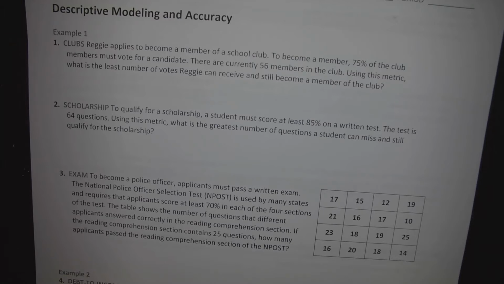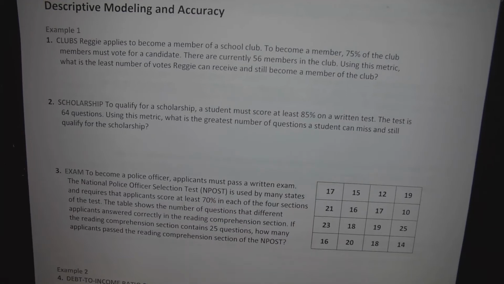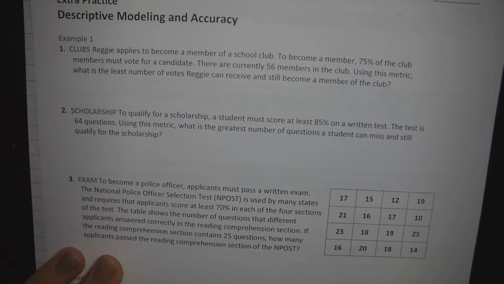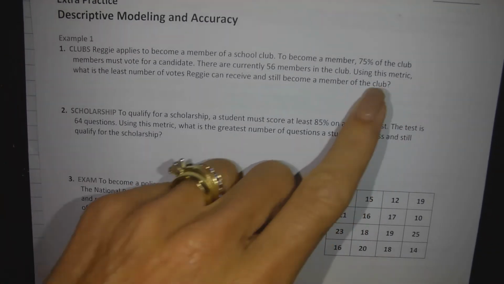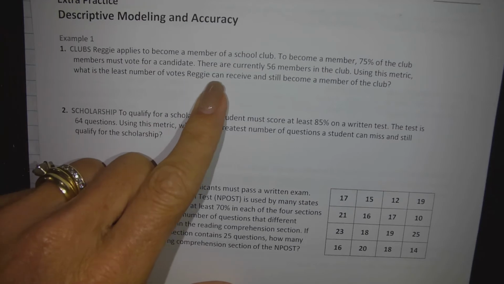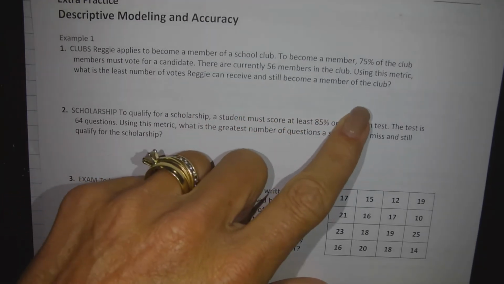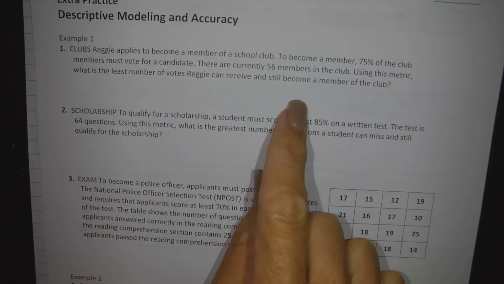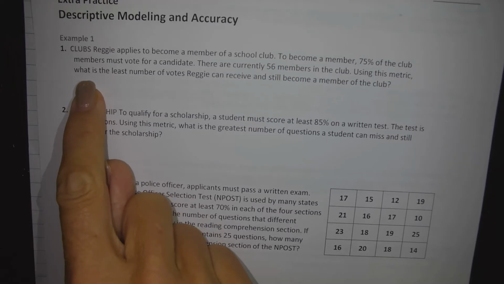All right, Reggie applies to become a member of a school club. To become a member, 75% of the club members must vote for a candidate. There are currently 56 members in the club. Using this metric, what is the least number of votes Reggie can receive and still become a member of the club? First of all, let's focus on this last statement.